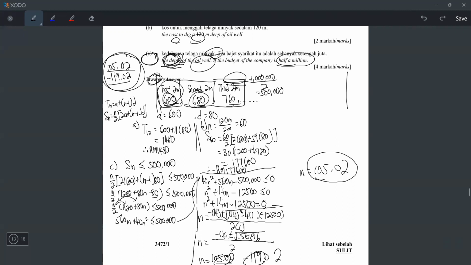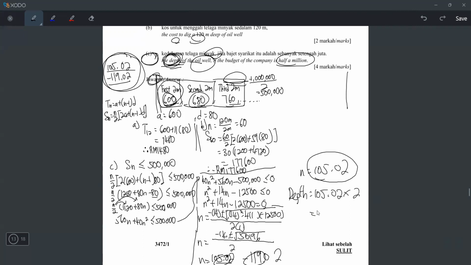Because if I have one term, it's digging 2 meters. If I have two terms, I already dug 4 meters. If I have three terms, I already dug 6 meters. So if I have 105.02 terms, how many meters have I dug? I will take this one times 2, right? So I will write 105.02 times 2.